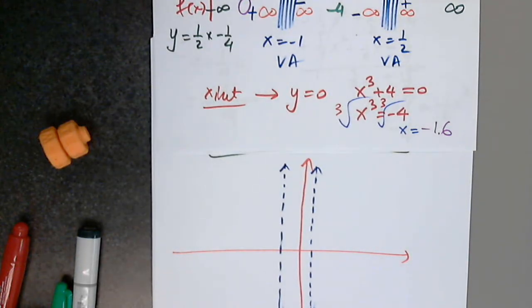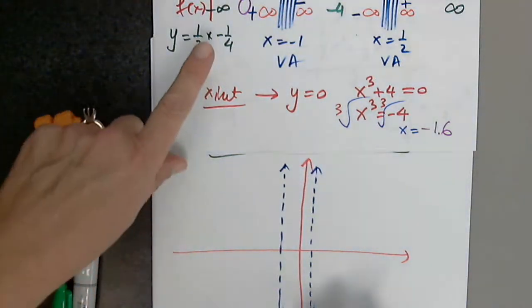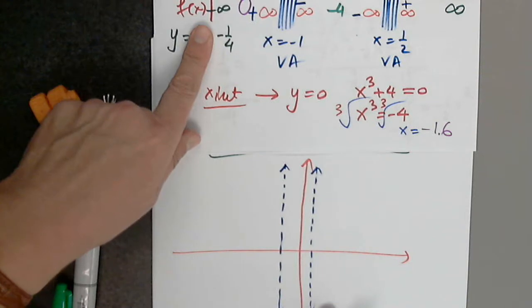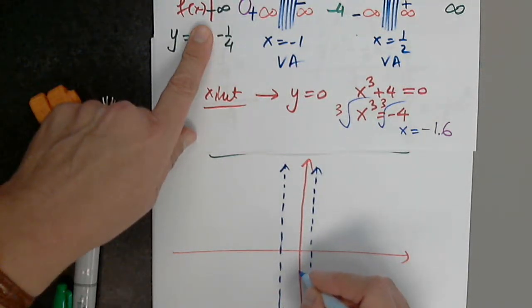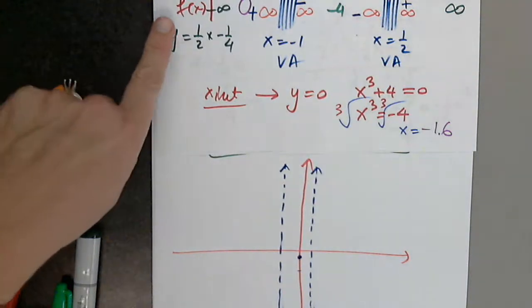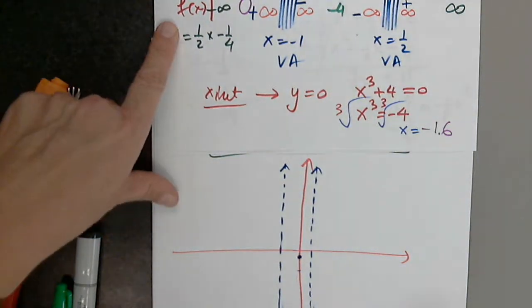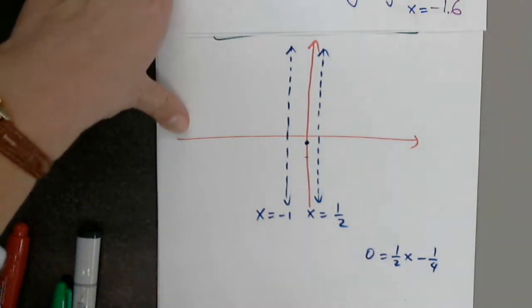And it has a slant asymptote, and I have to find points for the slant asymptote. When x is 0, y is negative 1/4. So if this is a unit, 1, negative 1/4 will be here. Now when y is 0, let's write that. 0 equals 1/2 x minus 1/4.